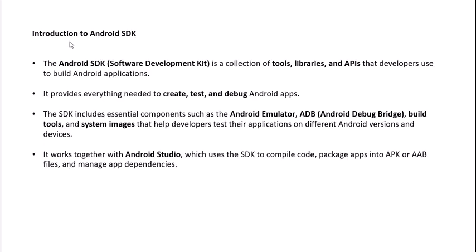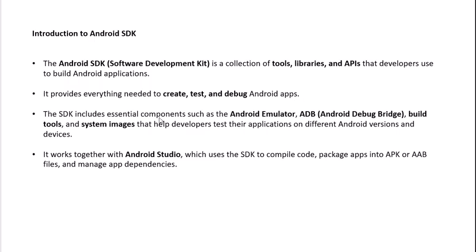Introduction to SDK. Android SDK is a software development kit. It is a collection of tools, libraries, and APIs that the developer uses to build Android applications. It provides everything needed to create, test, and debug Android apps.